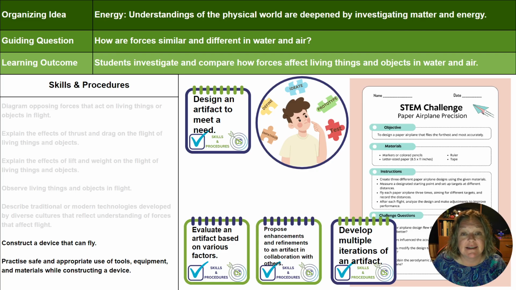We can use the design process to move through the challenge to design a paper airplane. What are the conditions? Are we looking for the one that flies the farthest? Well, then, what is your plan to make sure that your airplane is going to fly the furthest? Work through this design process. After we do the tests, see who flies the farthest, why did that one work?